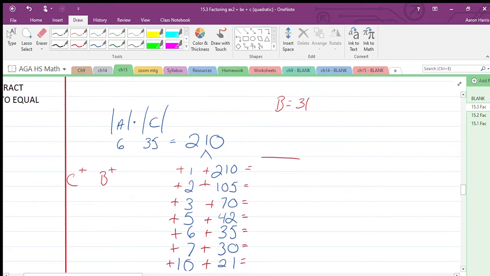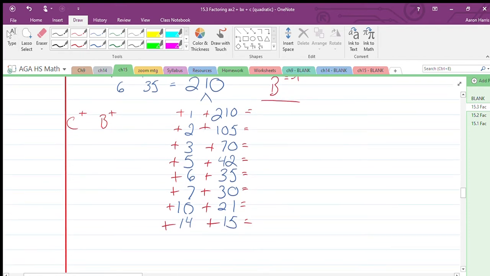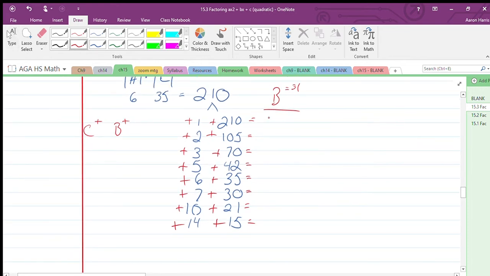Now, what is B equal to? Well, B is equal to 31, or positive 31. So let's just add these up, okay? 1 plus 210 is what? 211. 2 plus 105 is 107. 3 and 70 is 73. 42 and 5 is 47. 6 and 35 is what? 43.